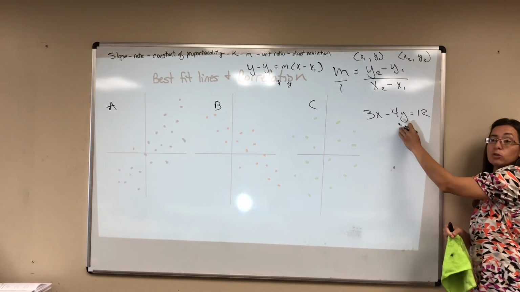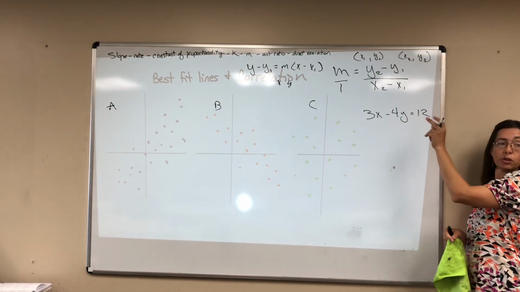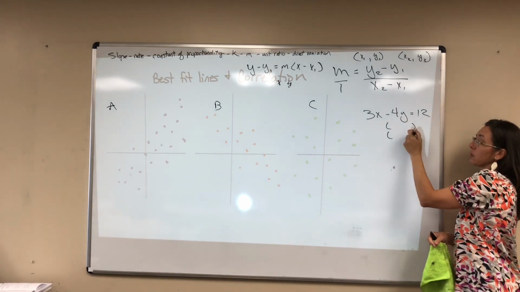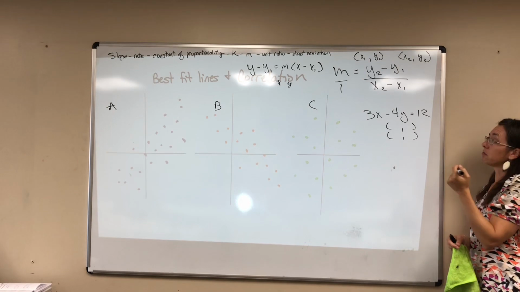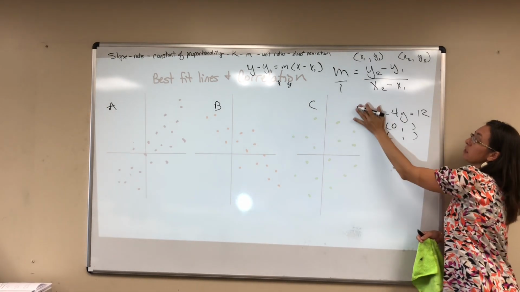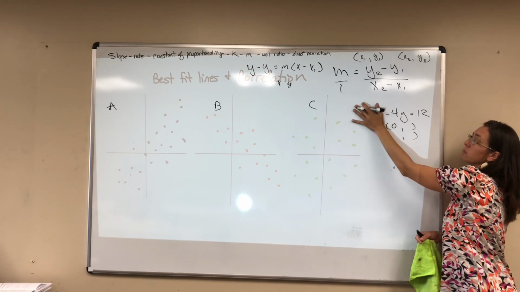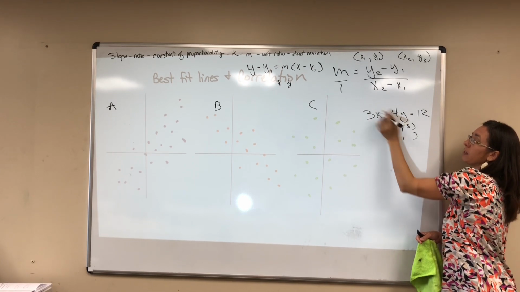We could use this to find two different intercepts, right? When x equals 0, y equals -3.